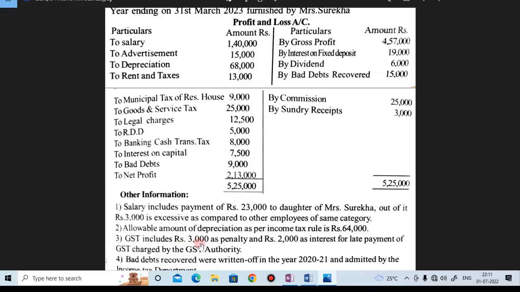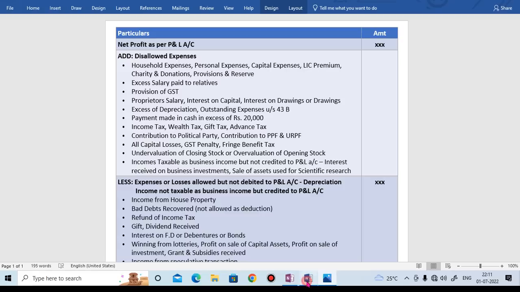GST includes rupees 3,000 as penalty and rupees 2,000 as interest for late payment of GST charged by the GST authority. This 25,000 GST is related to business. Additional information says GST includes 3,000 as penalty. So this 3,000 will be a disallowed expense.